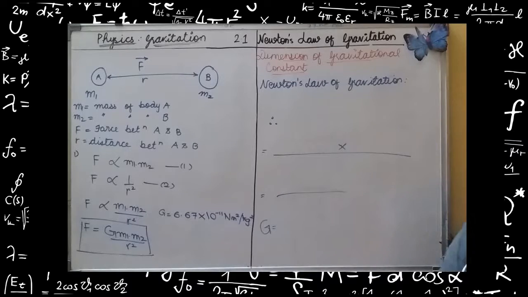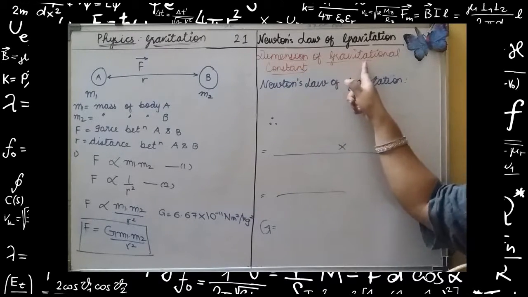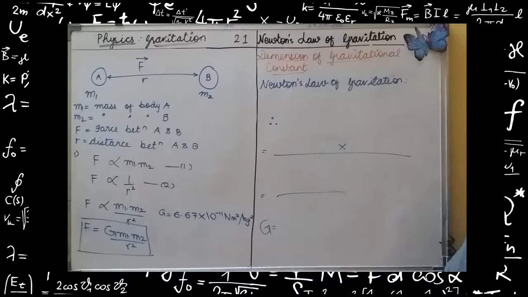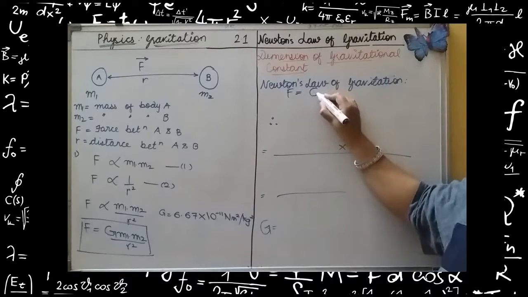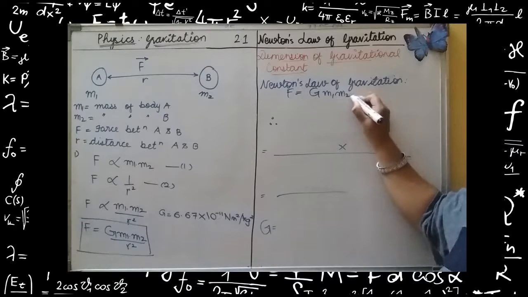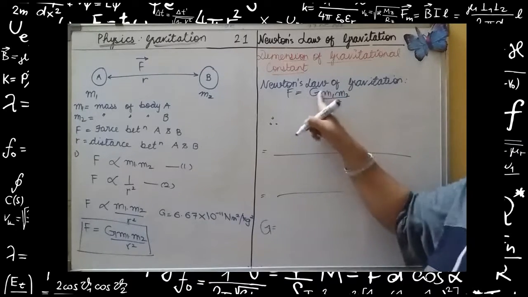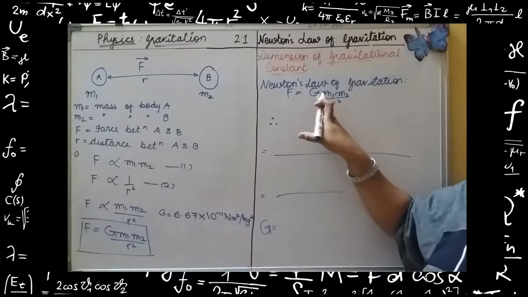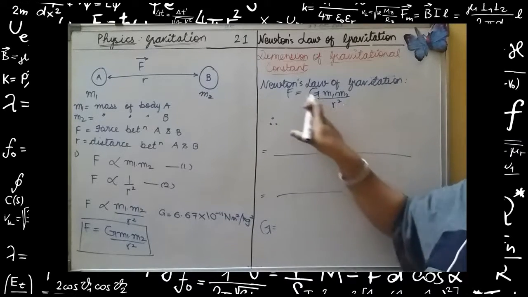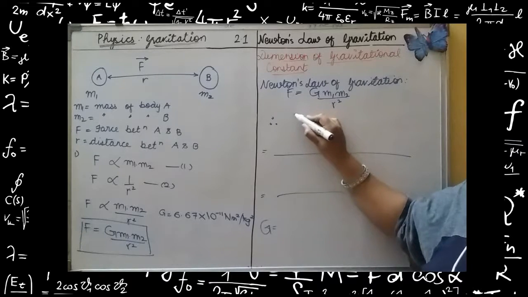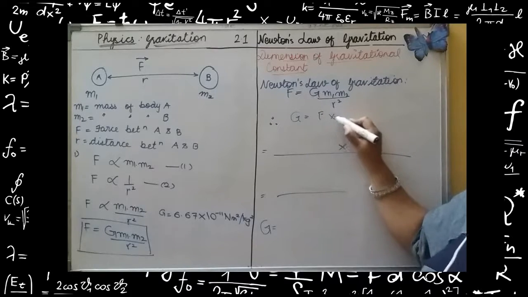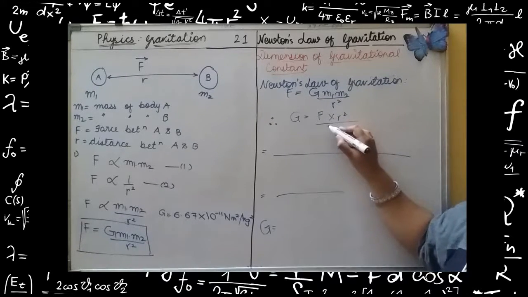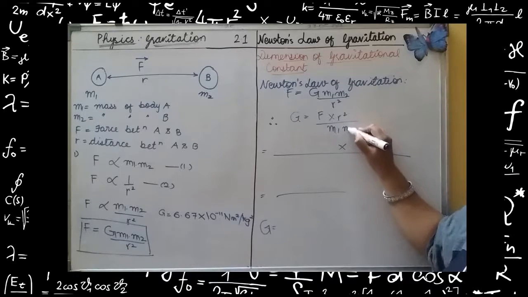Now what if we have to calculate the dimension of the gravitational constant? We just arrived at the equation for Newton's law of gravitation, which is F is equal to capital G m1 m2 upon r square. We can isolate G by keeping it on this side and shifting the rest to the other side. Therefore G is equal to F, then this r square will come in the numerator, upon m1 m2.